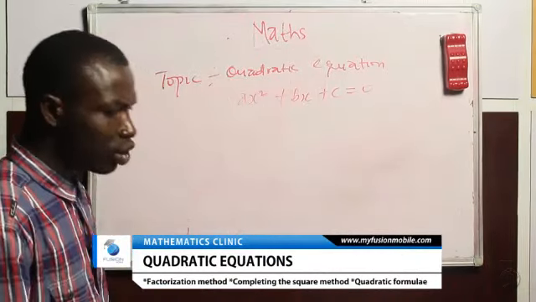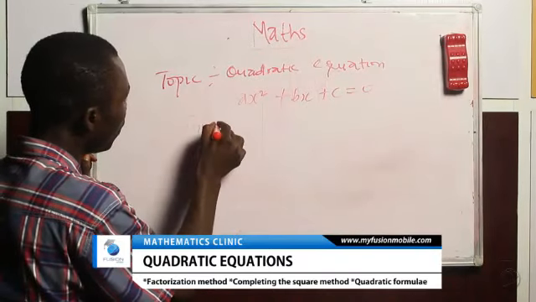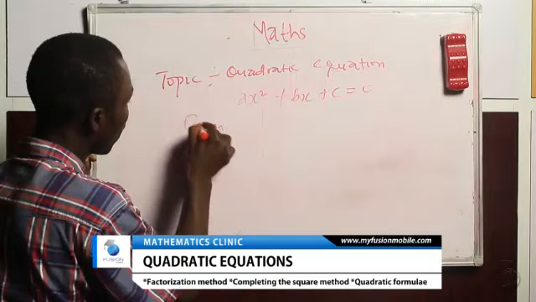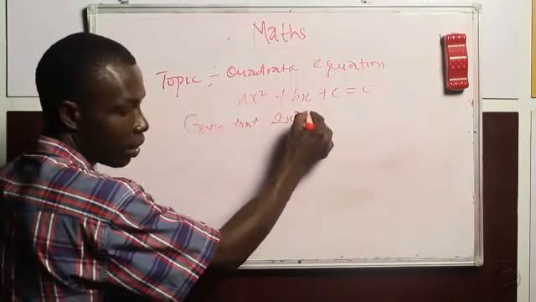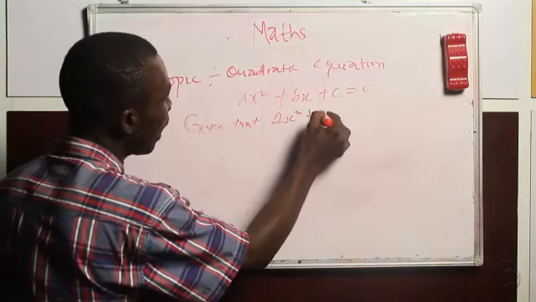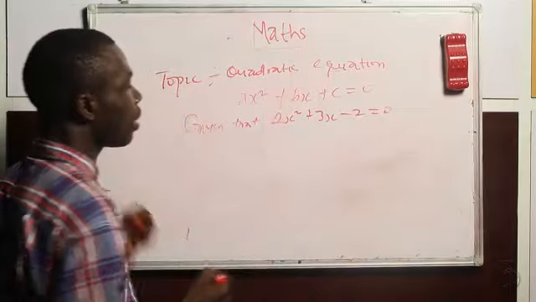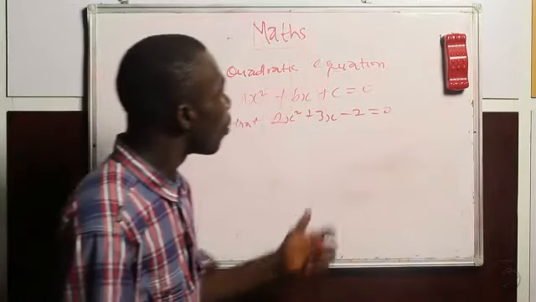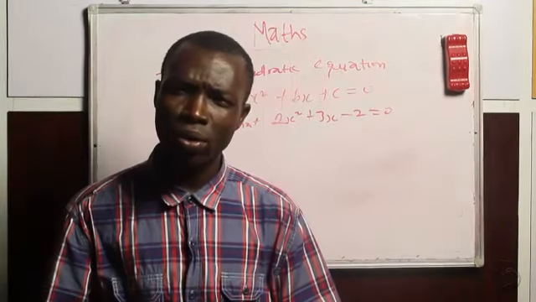Let's consider this question where we are given that 2x squared plus 3x minus 2 is equal to 0.